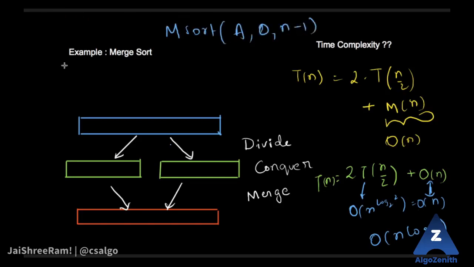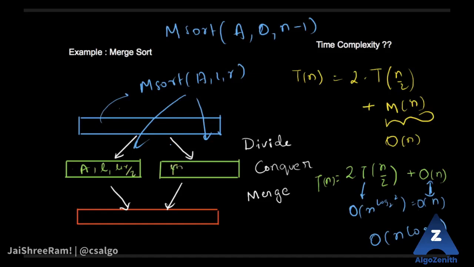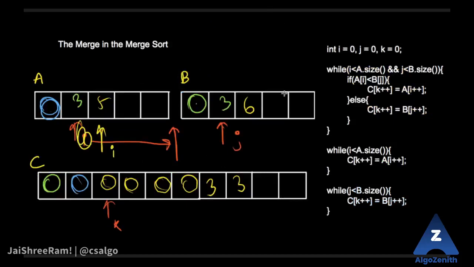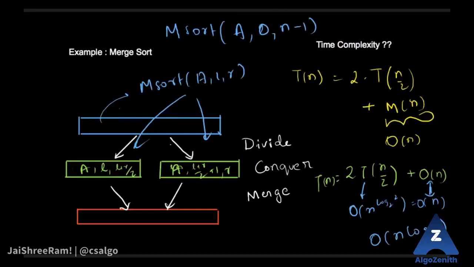And in general, any m sort of A, L, R divides it into two parts, and both of these will have a signature something like A, L to L plus R by 2, and A, L plus R by 2 plus 1 comma R. You divide into two parts and then merge the solutions using this routine. So this will take us just order n log n to sort the arrays.